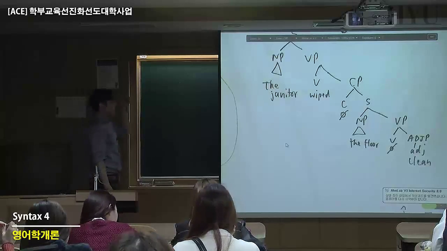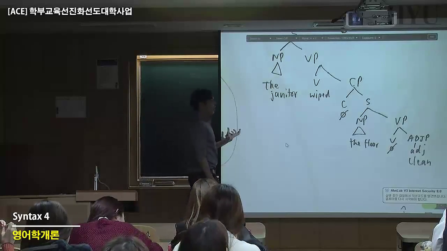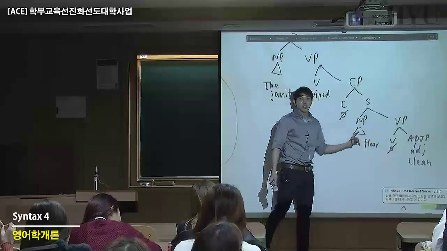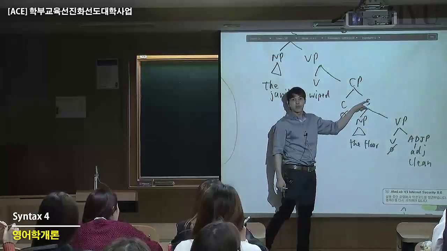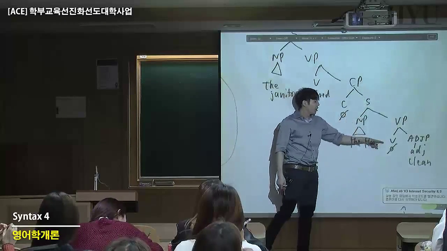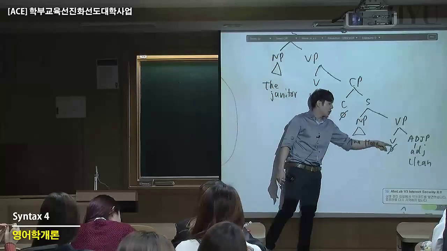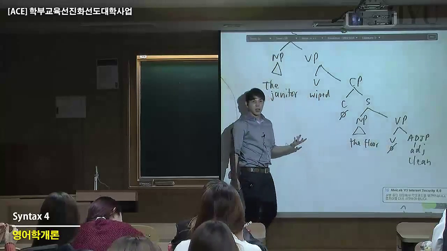So one thing that you learn from this is that whenever you see a small clause, it should have the structure of a clause, which is an S. Even though it's missing one V, it's still a clause.